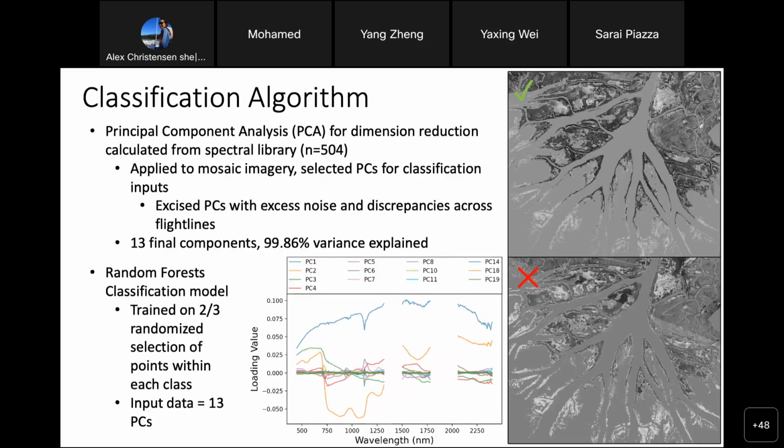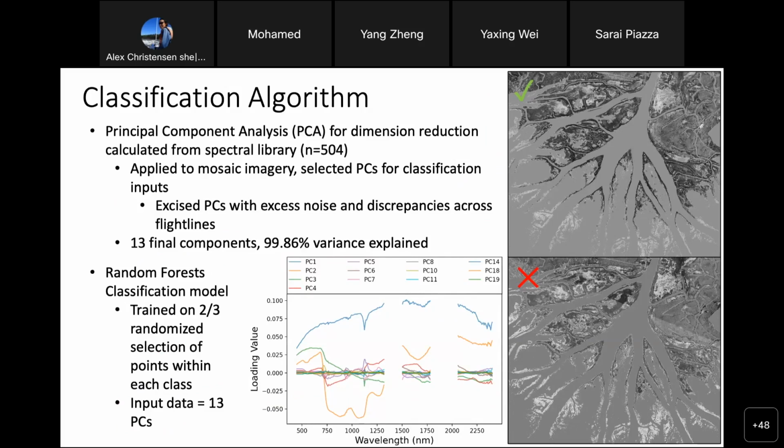So our classification algorithm here, the first step was to do a principal component analysis trained on that spectral library, not the individual mosaics, because if we did that, then our results would be different between our different data sets. We applied that PCA rotation and selected the PCs for classification input.